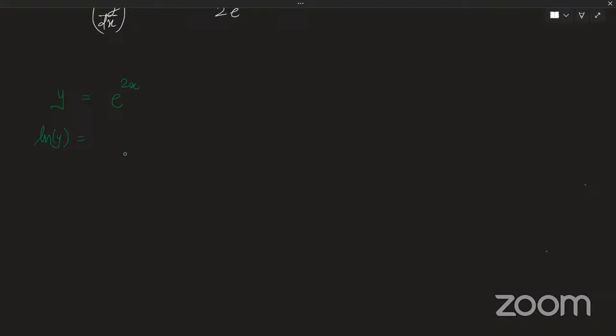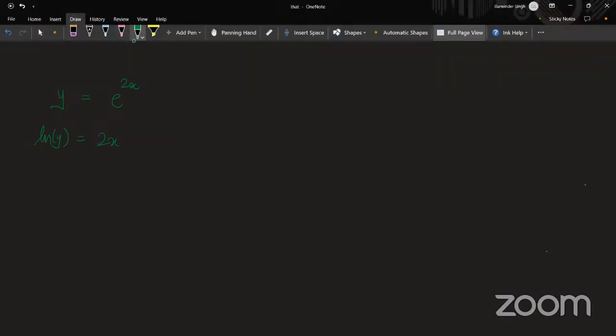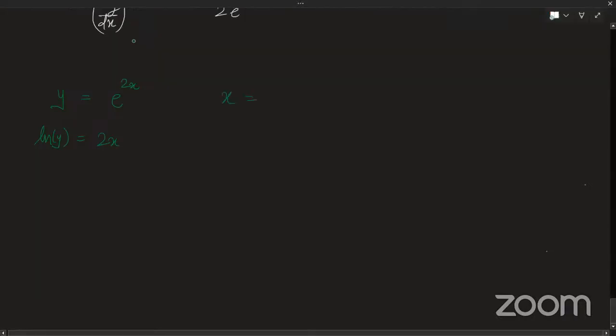So this thing becomes, tell me, what is the natural log of e raised to 2x? 2x ln e, 2x, correct. What is the value of ln e? 1, right? Yes, correct. So my value of x in itself can be written as ln of y by 2, right?